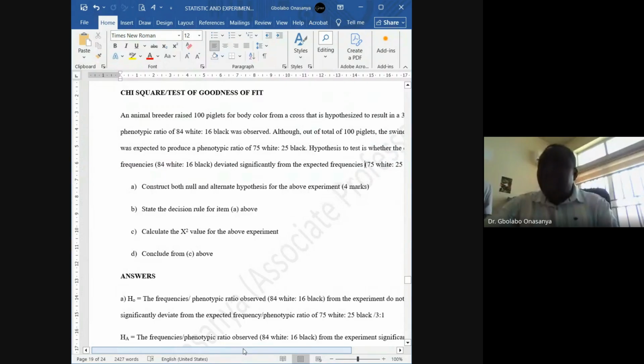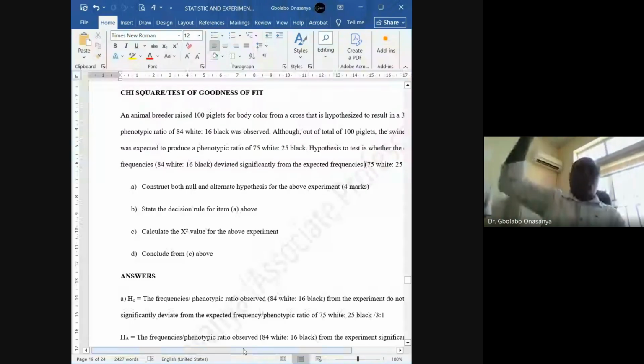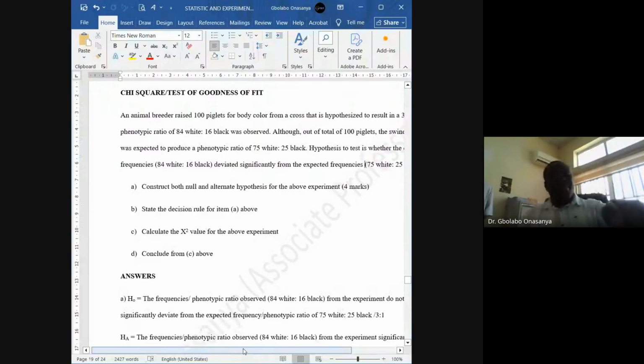Because there's no significant difference between the observed and expected, our p-value will be insignificant. But if something comes into that population, causes our population to go off balance, and the p-value becomes significant, then our population is no longer in equilibrium. For our population to be in equilibrium, the p-value must be insignificant.